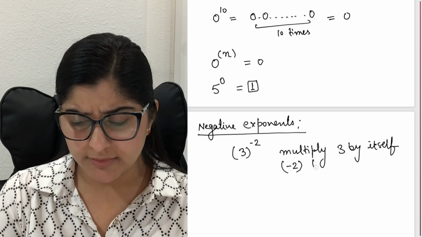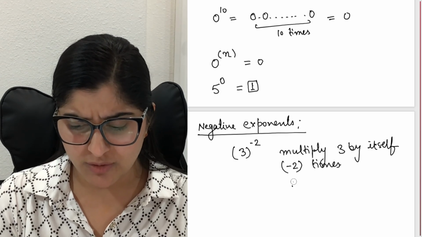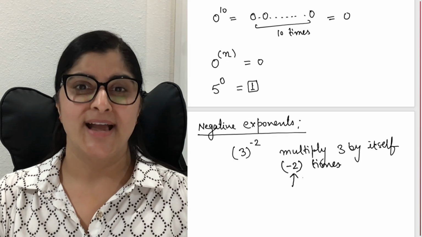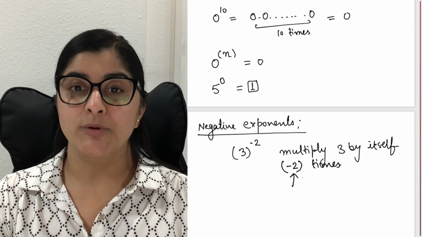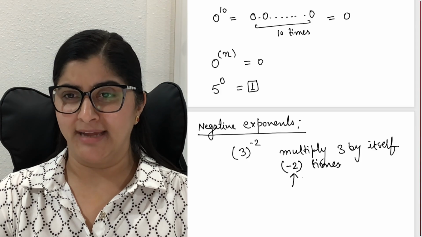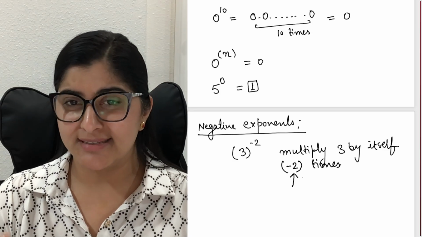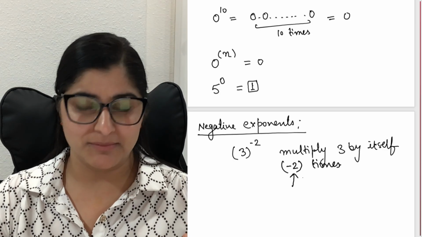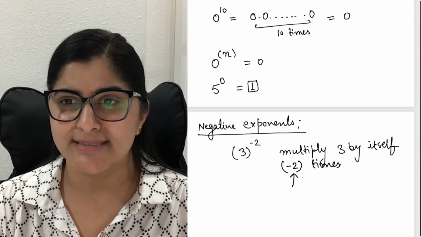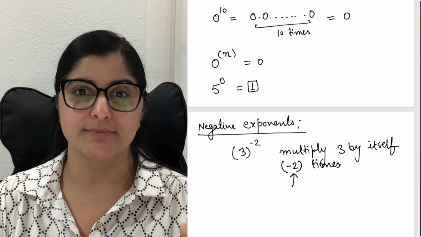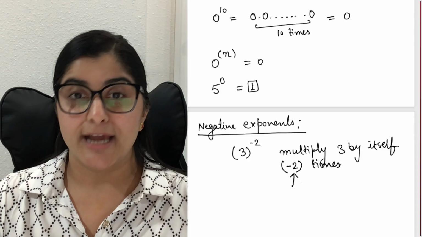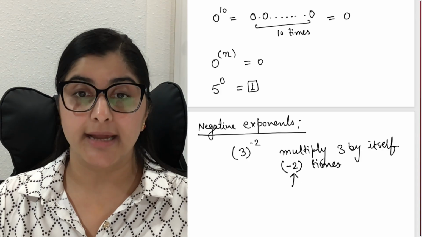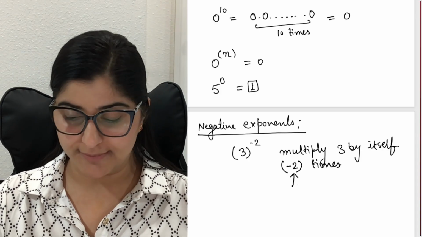Minus 2 times. Does this make any sense? Minus 2 times. It has to be a positive number. If the exponent is negative, in this sense it doesn't make any sense. It has to be 2 times, 3 times, 10 times.